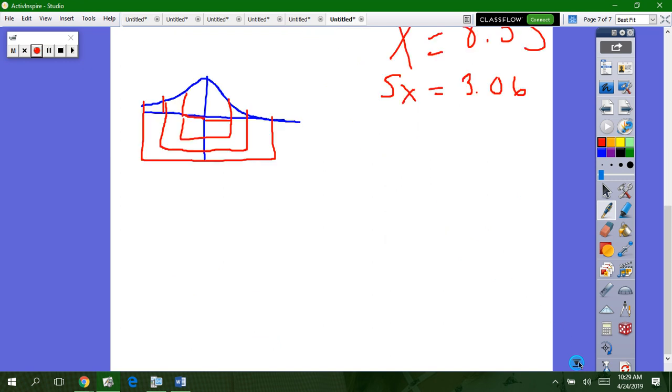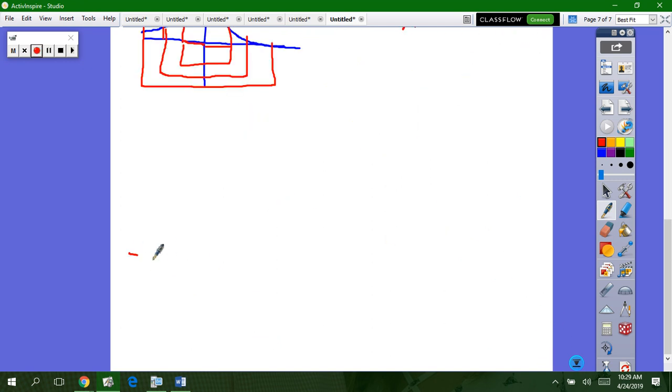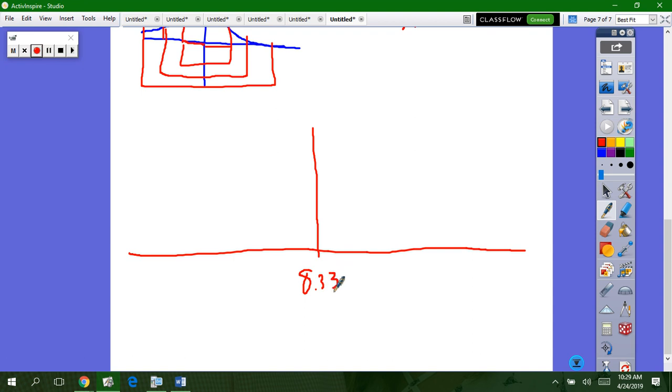Well, let's go ahead and show you. Here's my average. What was the average? 8.33. Let's do one standard deviation. So I take that number, which was 3.06, and I'm going to add it. 3.06 to 8.33 is 11.39.